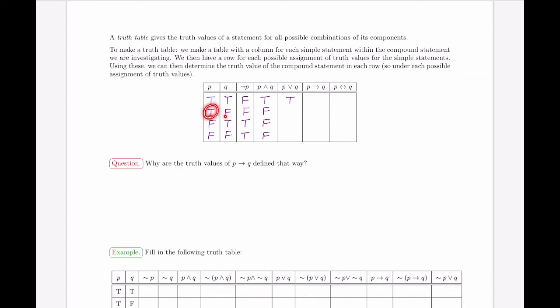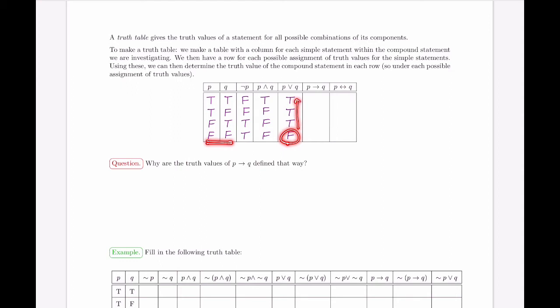Well, at least one of them is true, so "or" will be true. False or true, again, at least one of them is true, so we're going to have true. False or false, well, there isn't one that's true, so in this case, it's going to be false.